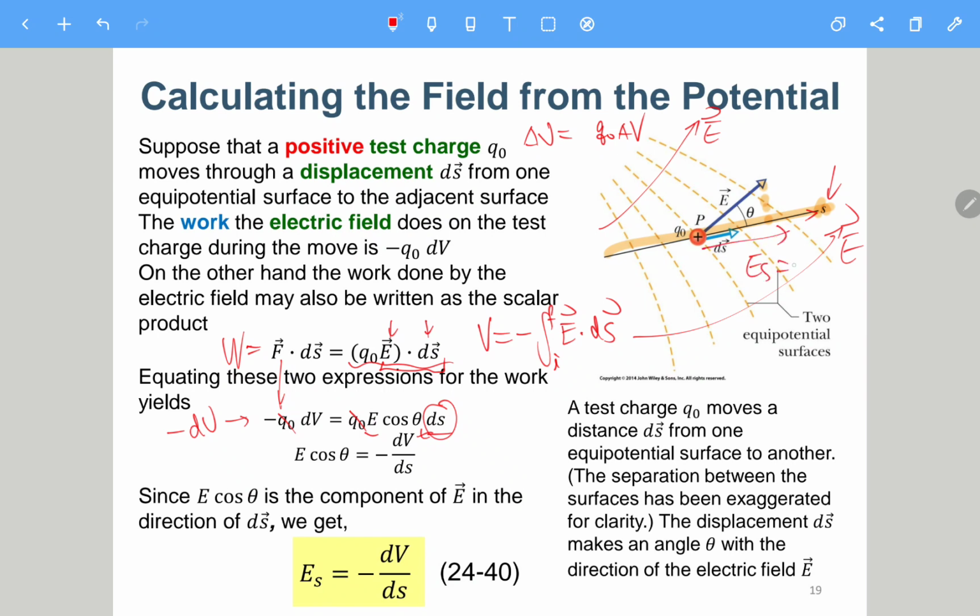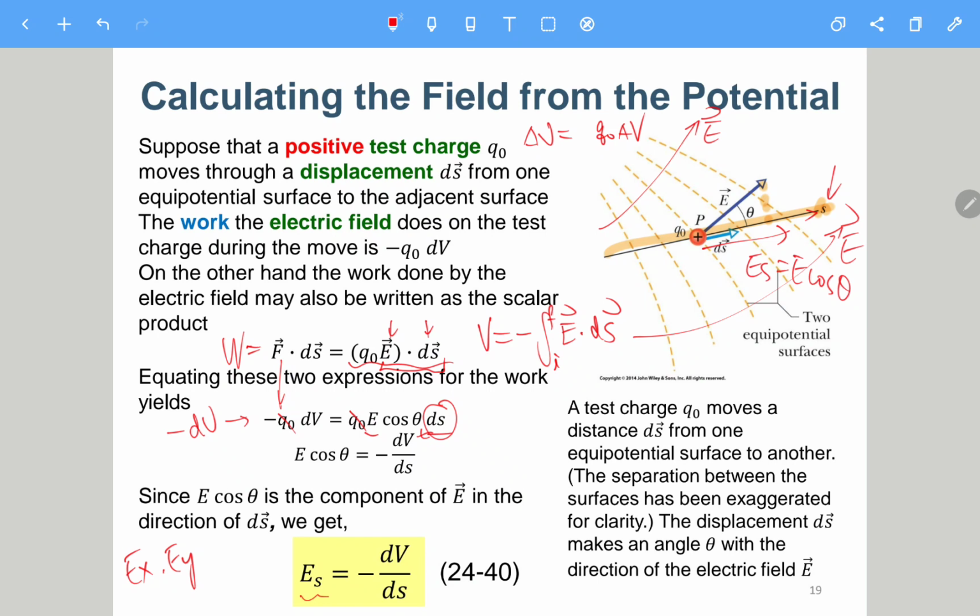Es is the s-axis component of E. Below we use Es to specify E cosine theta, because it means the s-axis component. Sometimes we will use Ex for the x-axis component and Ey for the y-axis component. Generally we call it the s-axis. So we have Es equals negative dv ds.